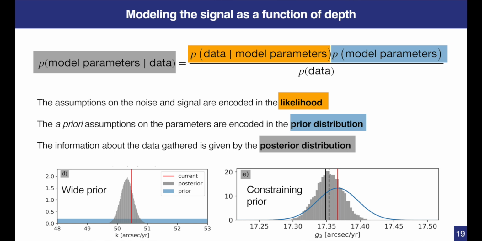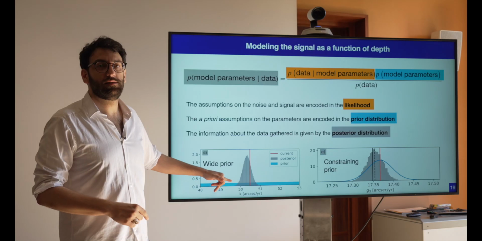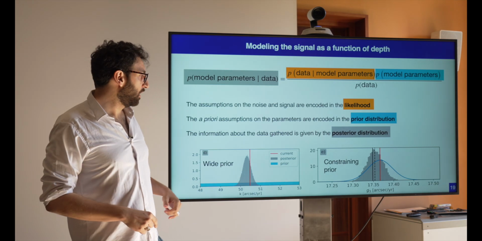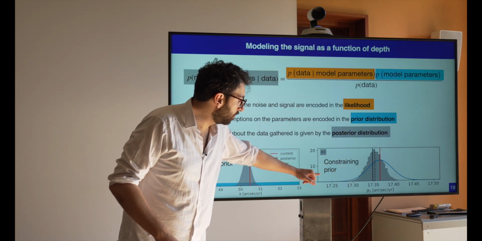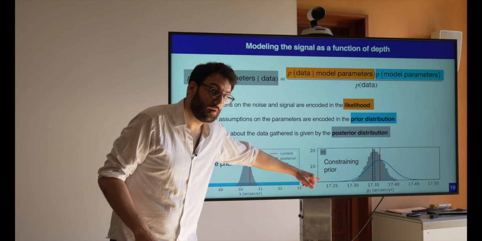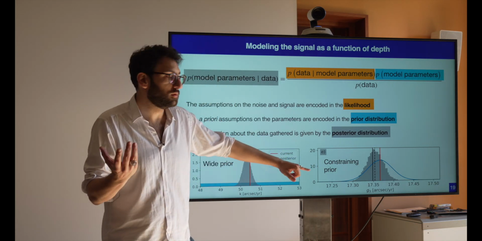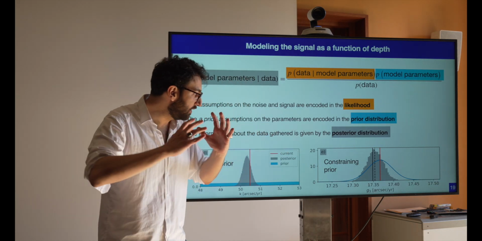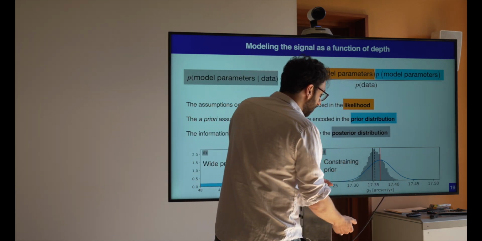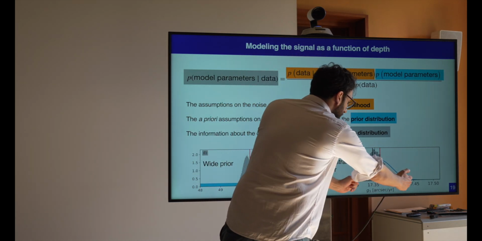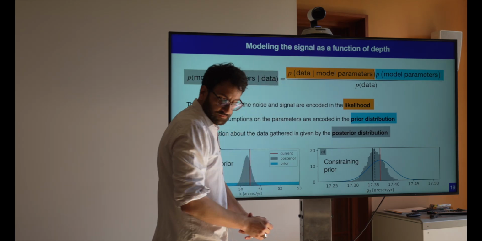Actually, you could do the same with the precession frequency, but here this is just for illustration purposes. In that case, it means that the posterior distribution is not allowed to go in there, or it's almost as if it's not allowed to go in there. You will have your posterior estimate of G3 in these bounds, approximately.